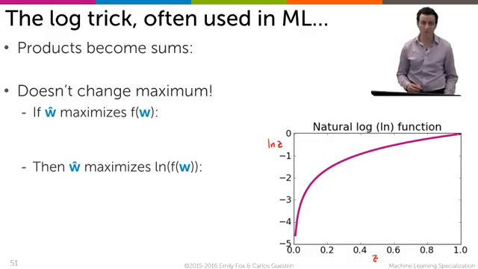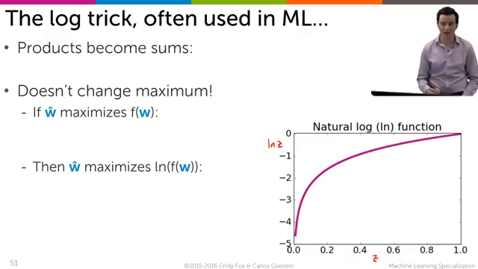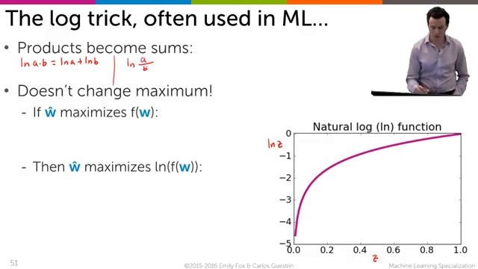The reason it's useful is that the big product we had actually becomes a sum. In general, the log of a times b is equal to log a plus log b. And similarly, the log of a over b is the log of a minus the log of b.